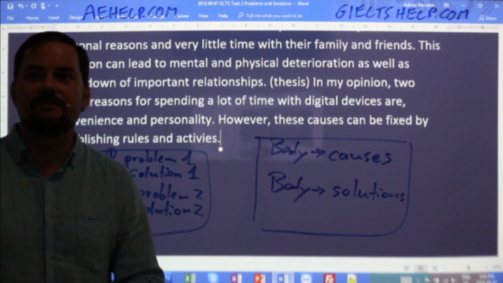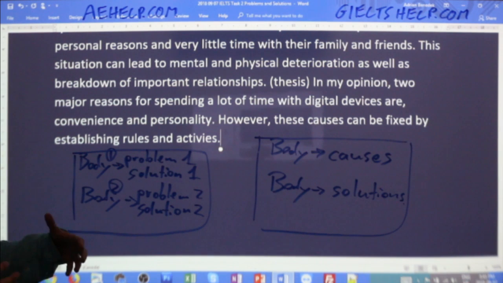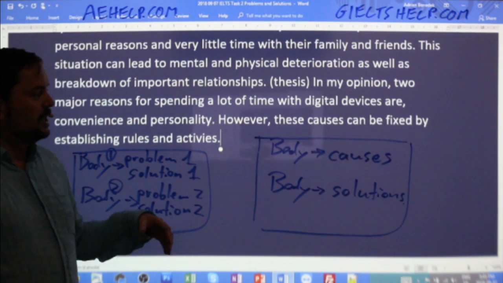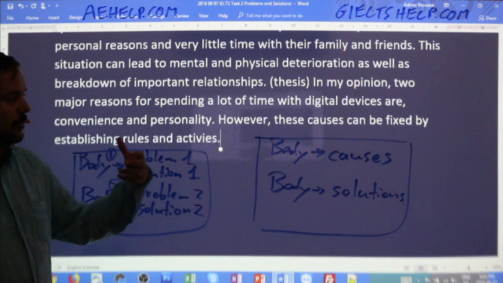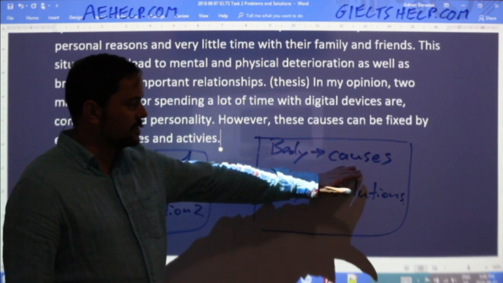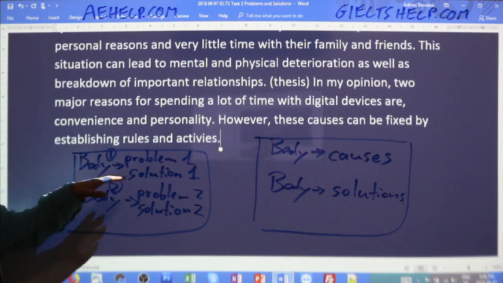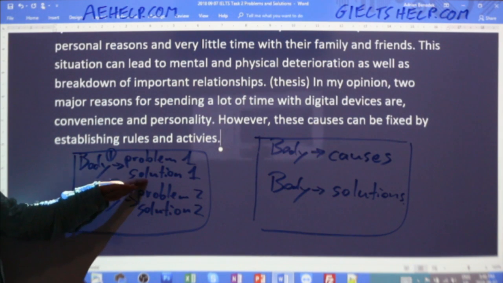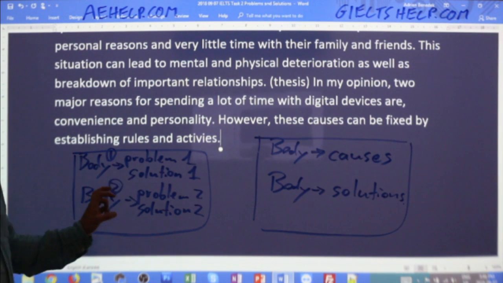Okay, so Jeffrey says for him it's absolutely clear what I'm talking about. To summarize what I just said, if the solutions are difficult to directly connect to the causes, use this format. If the solutions are very directly related to the problem, then use this format.